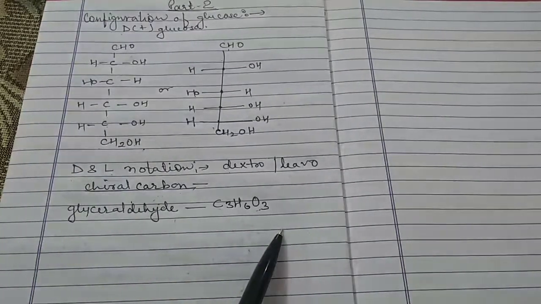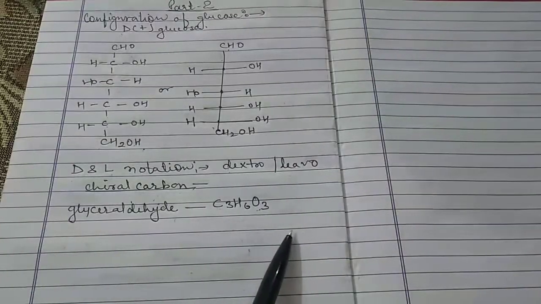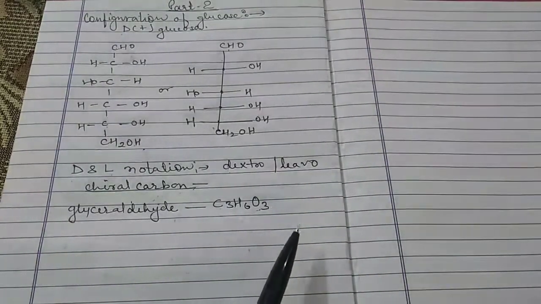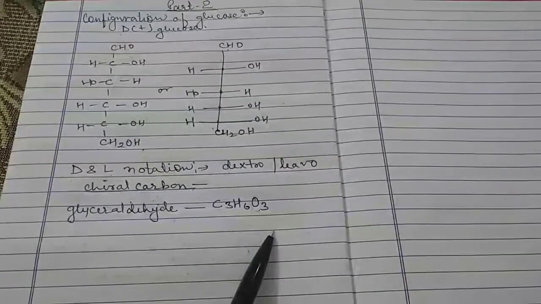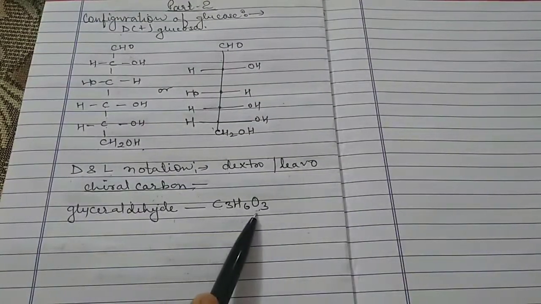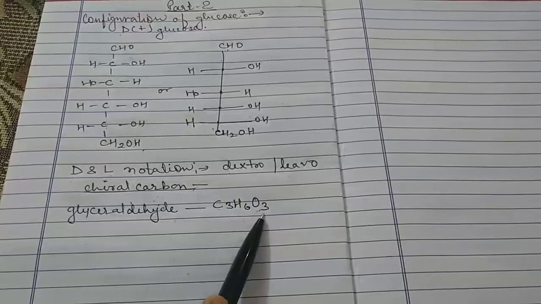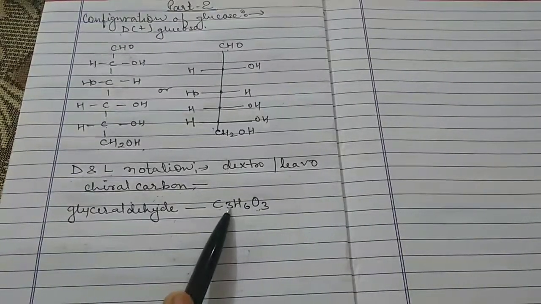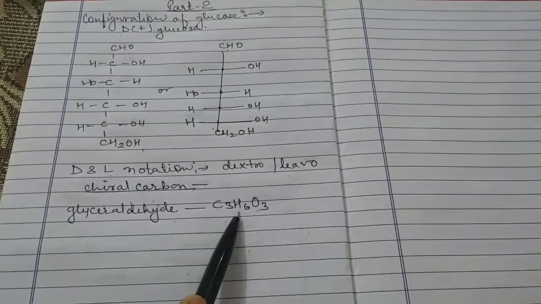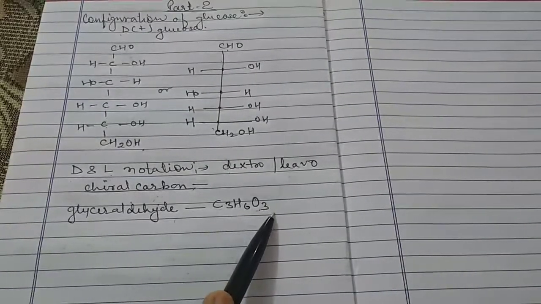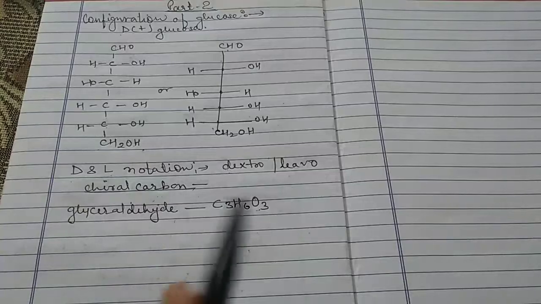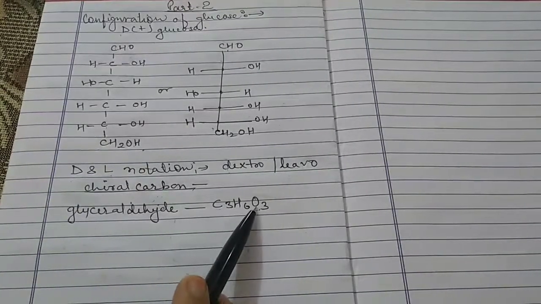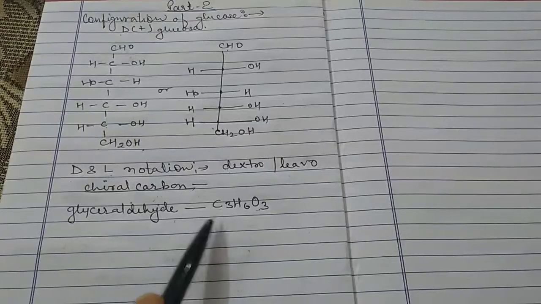It exists in 2 enantiomeric forms with certain specific configurations. Enantiomeric forms means they have the same number of carbon atoms, same number of hydrogen atoms, same number of oxygen atoms. Only there is a difference in the arrangement of the oxygen or the hydrogen.